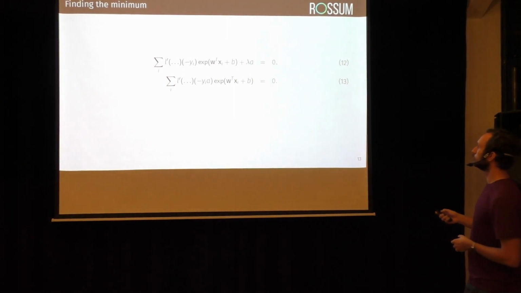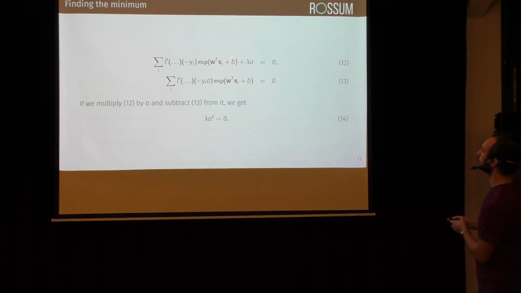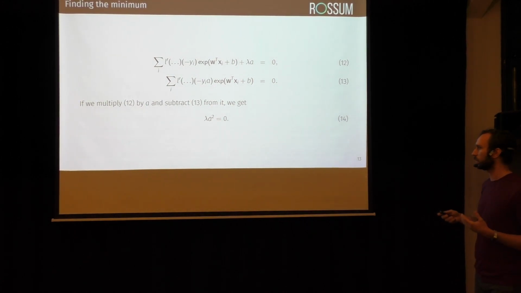When you get these two equations, you can multiply the first one by A and then subtract this one from the first one, and the sum is going to eliminate itself. What you're left with is this equation, which for lambda greater than 0 has only one solution, and that's A0.